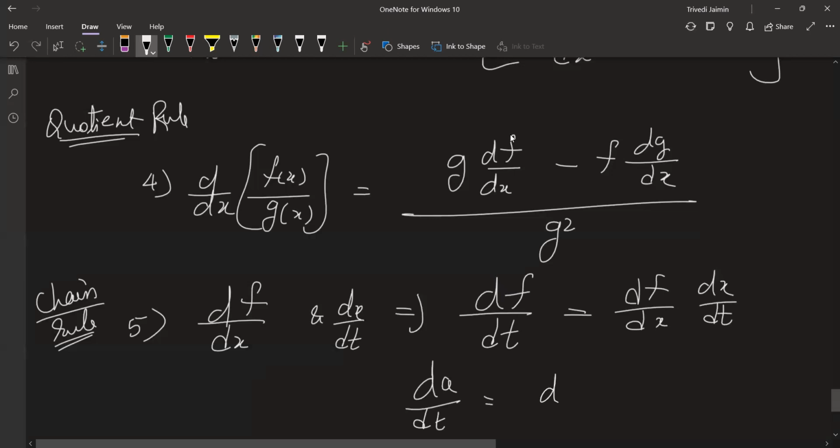So what will I do? dA by dv times dv by ds and ds by dt. This will be your displacement and this will be your acceleration, like that. It means we cannot find it directly, so we will use the chain rule.